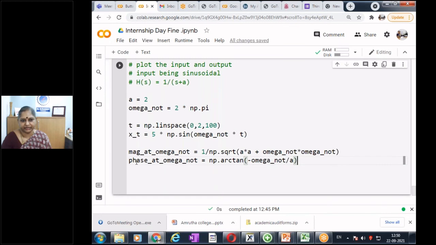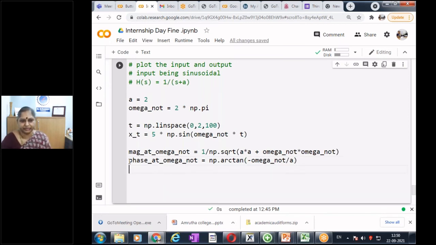This will be in radians, and I want it in degrees, so I will simply multiply it by 180 by np dot pi. Are you clear? Any doubt in any of the lines that we are trying to do?